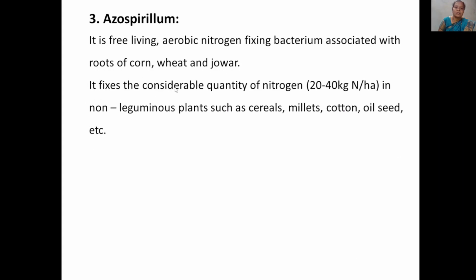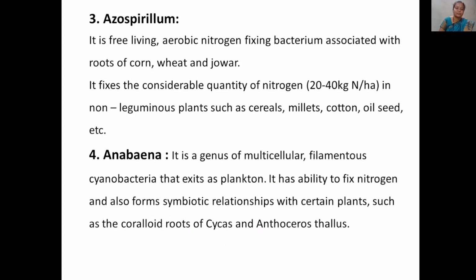It fixes a considerable quantity of nitrogen, that is 20 to 40 kg, in non-leguminous plants such as cereal, millet, cotton, oilseed, etc. Next is Anabaena. It is a genus of multicellular filamentous cyanobacteria that exist as plankton.